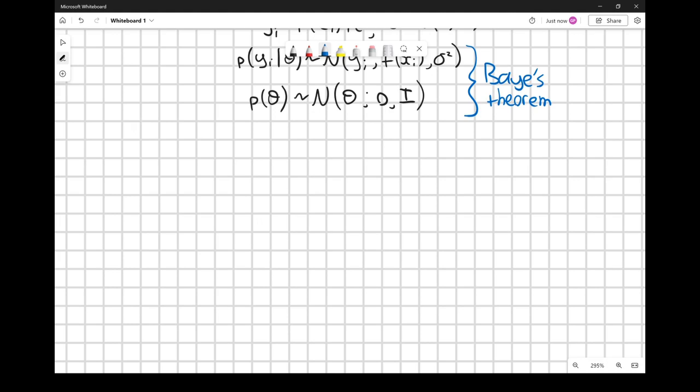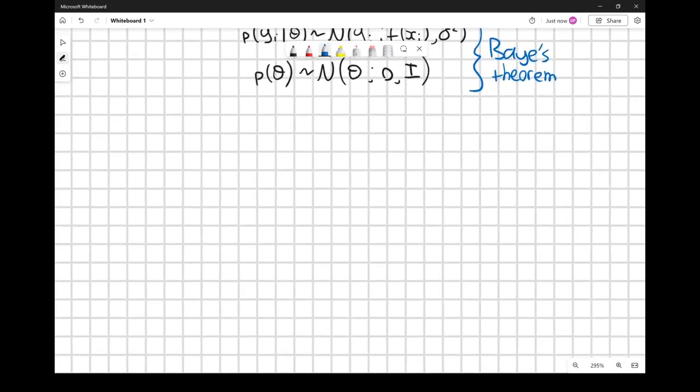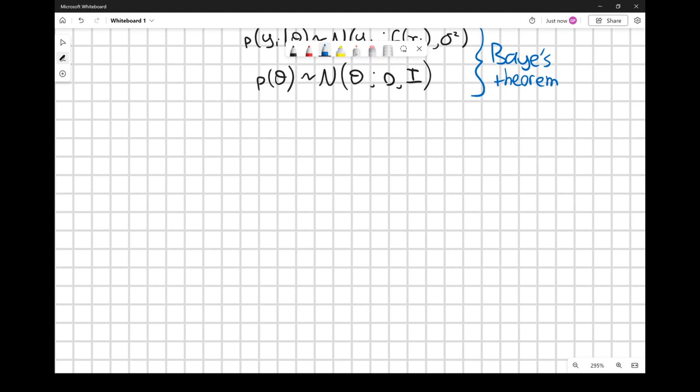So in this example we've restricted ourselves to a quadratic family of functions to fit, and then we've put a Gaussian distribution over theta. So if we generate samples from the prior, we're essentially proposing different quadratic functions. Let's say this vertical axis is our model output f of x, and this horizontal axis is x.